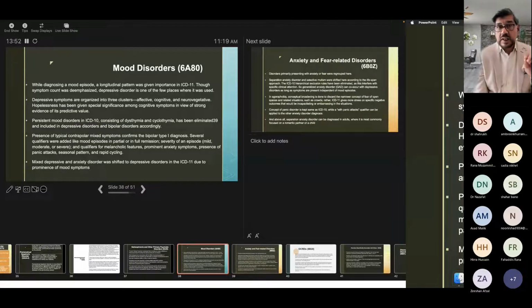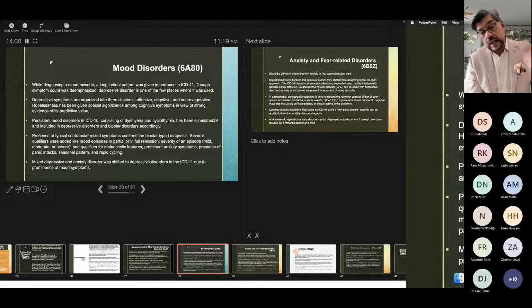Persistent mood disorders in ICD-10 consisting of dysthymia and cyclothymia has been eliminated and included in depressive disorders and bipolar disorders. So these terms were again very confusing. So dysthymia, cyclothymia, rapid cyclers, they are all various kinds of situations, but ICD-11 believes that there are only two types of bipolar disorders, bipolar 1 and bipolar 2.